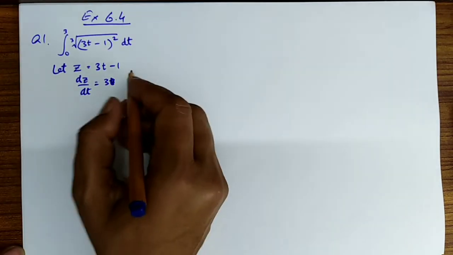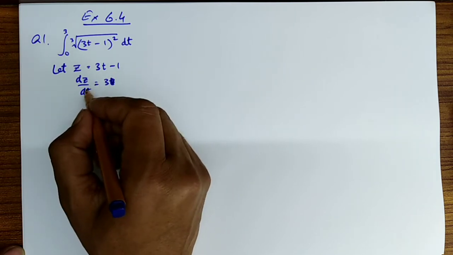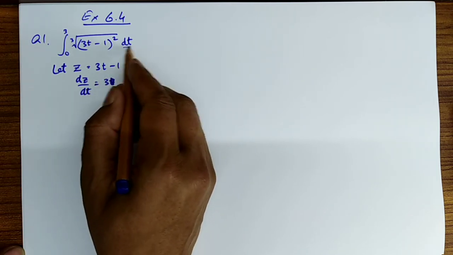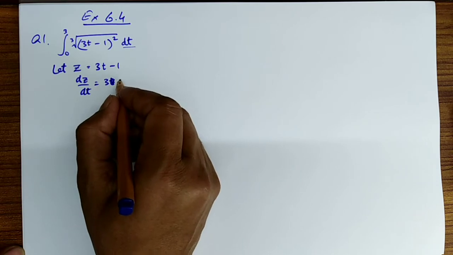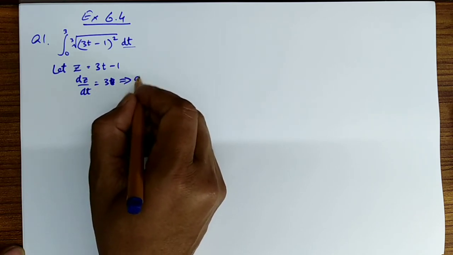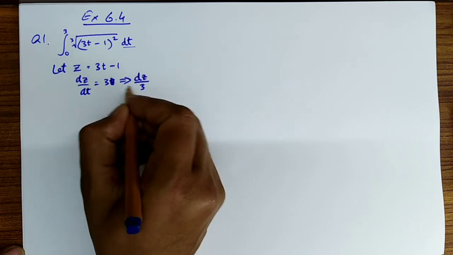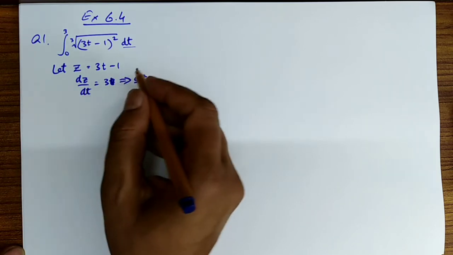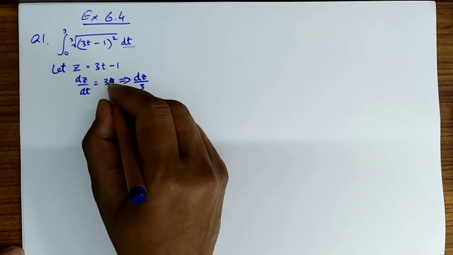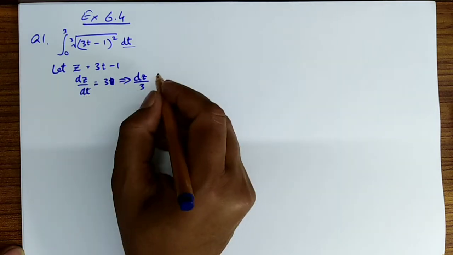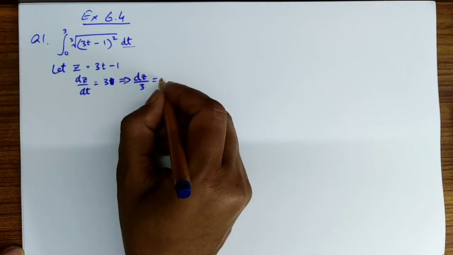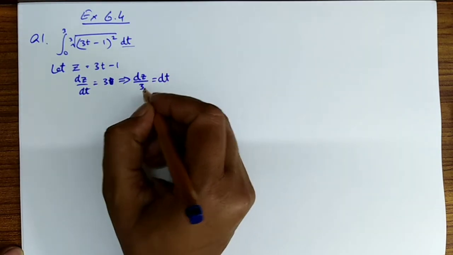Okay, now taking some value for dt over here, dt will be equal to dz upon 3. I'm going to cross multiply, 3 down into the denominator of dz. So dt equals dz upon 3, right?